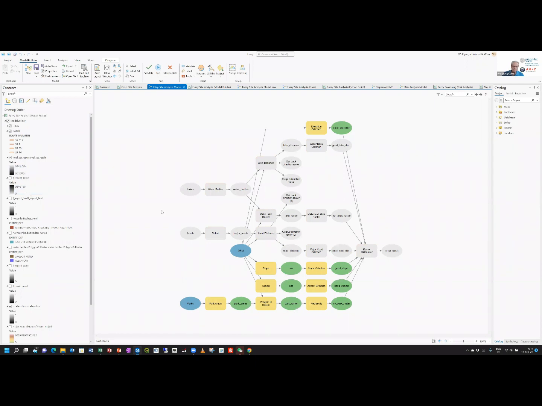Let me see, do we have... I just have to activate my lakes and roads again so that I can start my model. Okay, now everything is there. Now we can run our model.